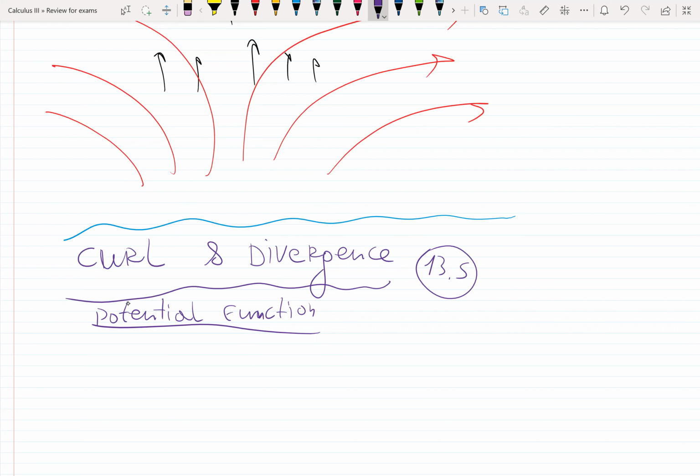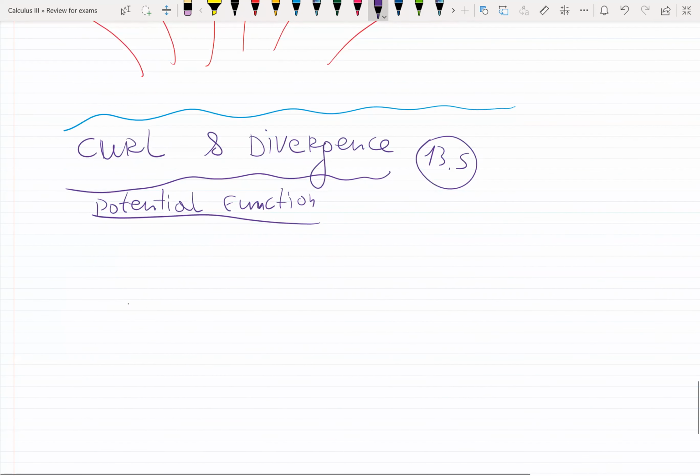I think I found some flux. And then for which field? Yeah, potential function. Let's do this one. That's a good example.